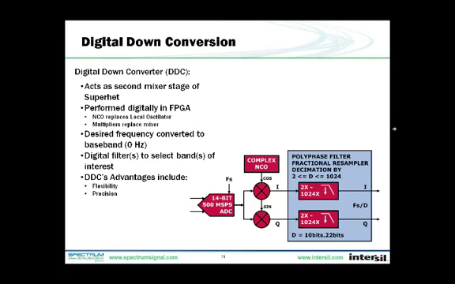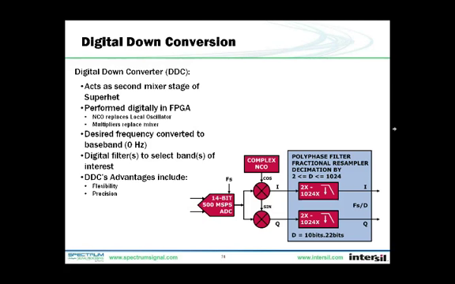For example, the channel filter's bandwidth and stop band can easily be modified for different signal requirements. For example, in a 4G LTE system, they use several different bandwidths ranging from 1.4 to 20 megahertz. Digital processing makes it easier to deal with different channel bandwidths and modulation formats with the same hardware.